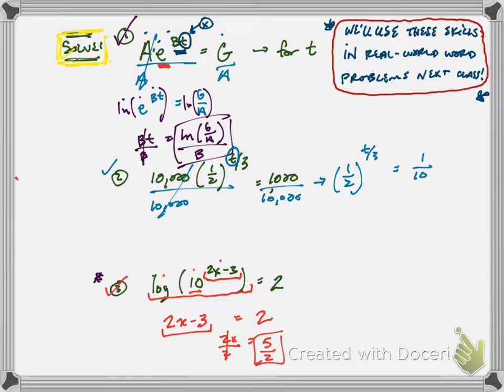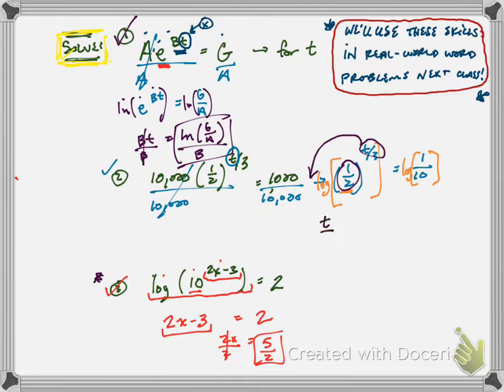Now, my base is not an e. It's a 1/2. So I'm just going to suggest that we use a logarithm. Keep in mind that the log of 1/10 is a constant. Leave it that way. It's exact. Nothing's been rounded. When you take the log of a base raised to a power, again, you can pull that exponent out in front.